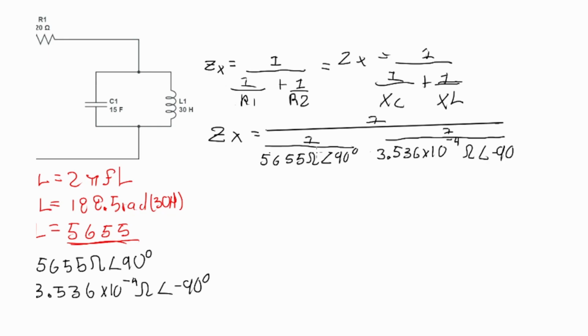Here we must add the phase angle that these values have. So they have a phase angle of 0 degrees. This is just to not confuse ourselves. So now we just have to do these divisions.